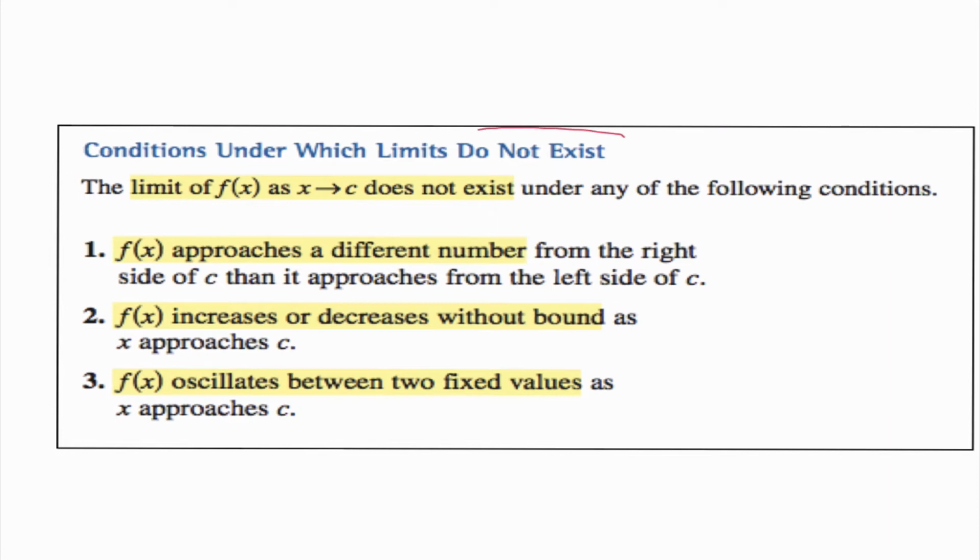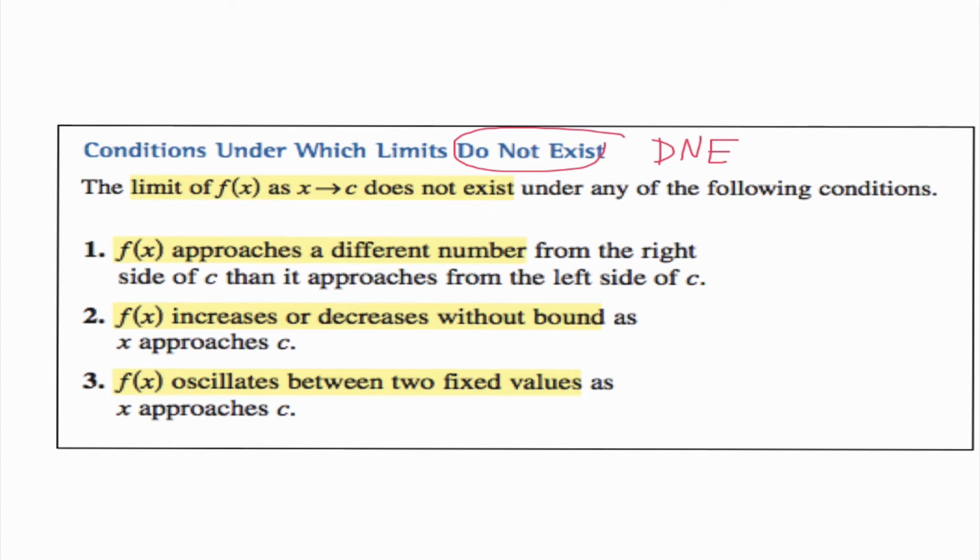And by the way, we abbreviate does not exist with DNE. So the first one is f of x approaches a different number from the right side of c than it approaches from the left side of c. And I want you guys to know that this information is not something that you need to memorize word for word, but you do need to know the general understanding of what it's saying.